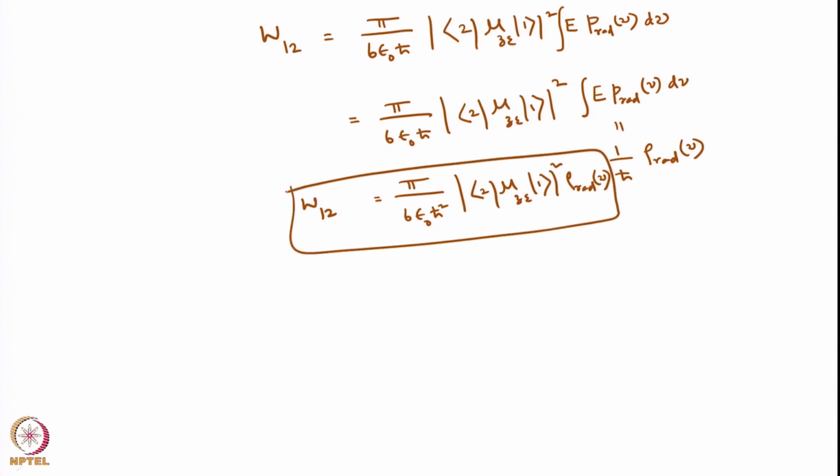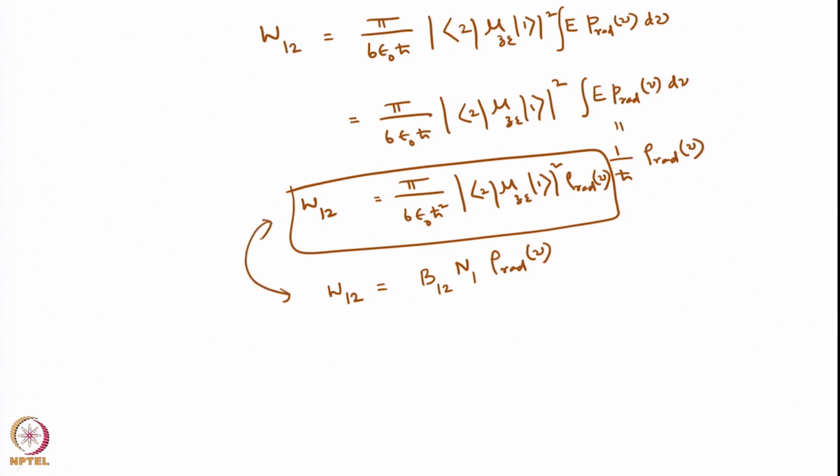So, let me reiterate. According to Einstein's coefficients, what was the rate W12 for absorption? It was nothing but B12 N1 rho radiation. Now, I can equate these two equations.